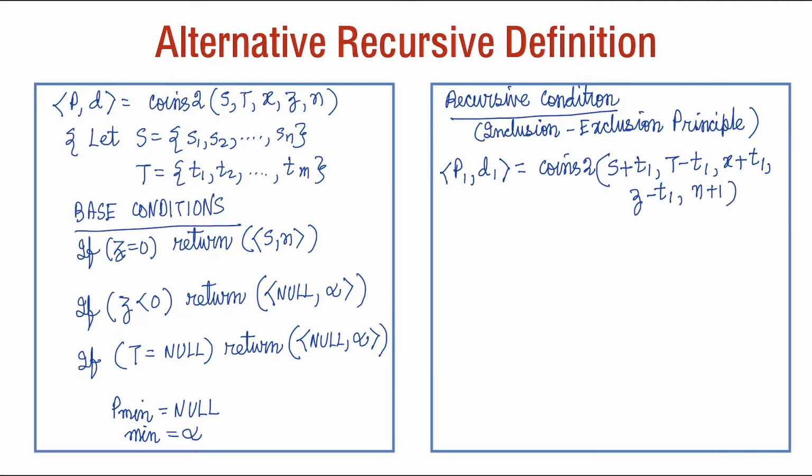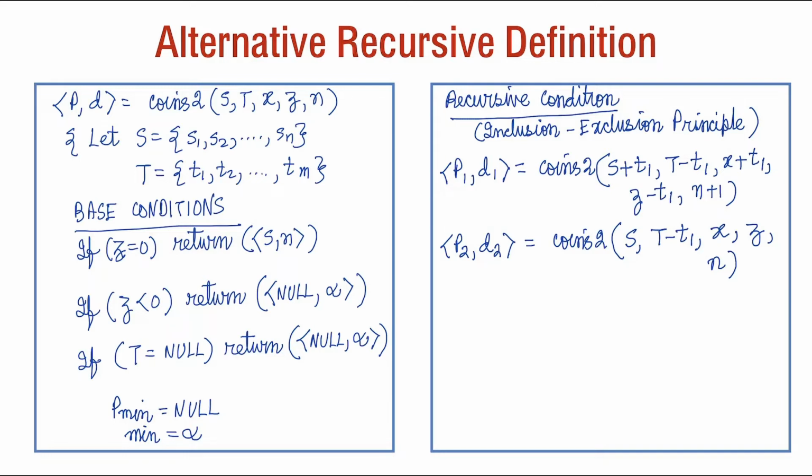So this way I have chosen T1. The other, I decide not to choose T1. So here I will call coins 2, and S will remain as it is, but T1 will be deducted from T. X will not get added because I have not chosen T1, and Z will remain as it is because that is the amount that I still have to do, and the number of coins chosen is still n.